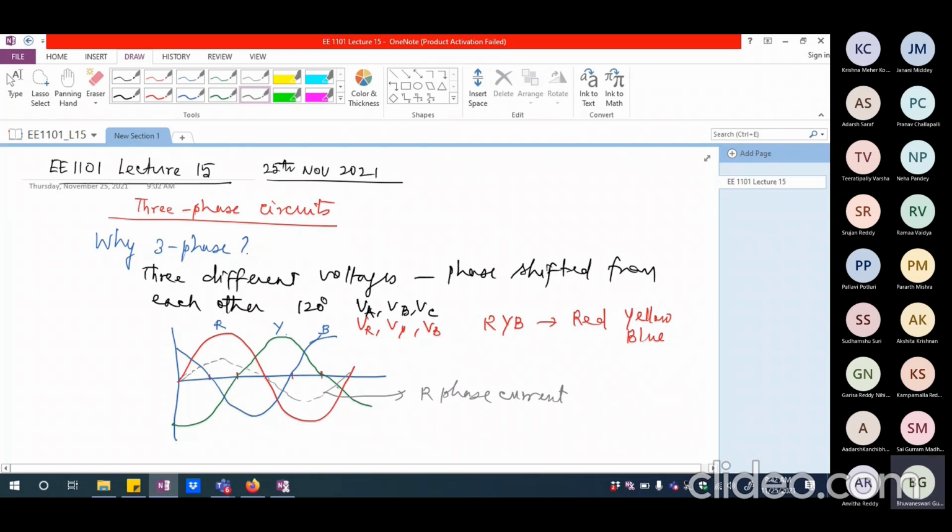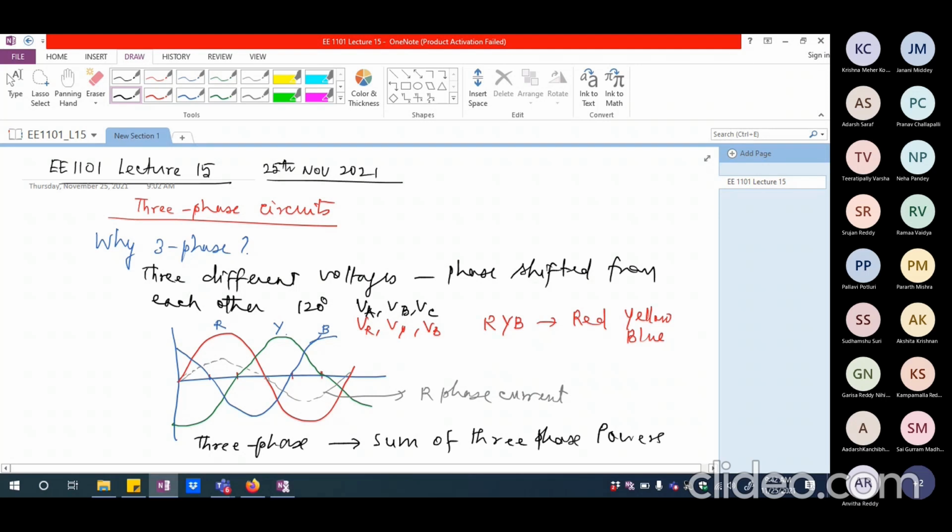So this brilliant discovery was made by Tesla initially. He said that if you have multi-phase voltages and multi-phase currents, the total power you get will be a constant. So one of the major advantages of multi-phase transmission, particularly three-phase transmission, is that the sum of the three-phase powers is going to be a constant.